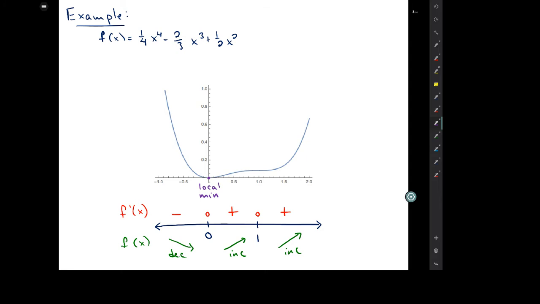And we notice that at x equals 1, there's no local extrema. There's no local min or max. And so the first derivative is giving us this information about the visual features of our graph, not just in terms of increasing and decreasing, but another way of phrasing that is in terms of local mins and maxes.